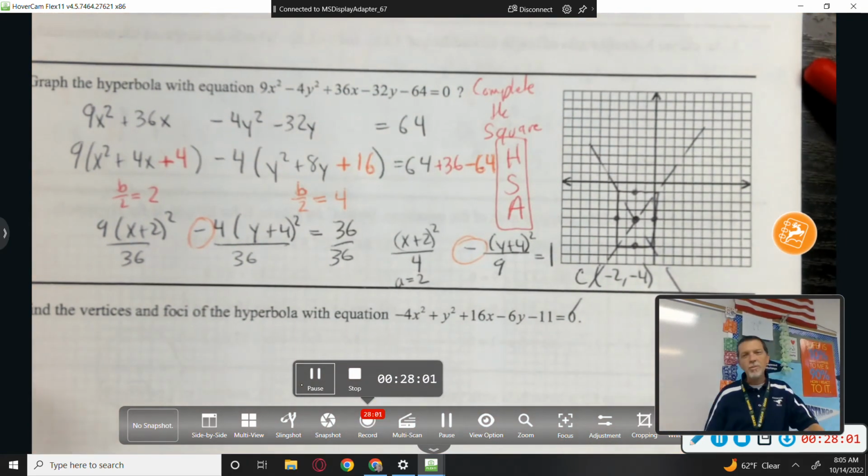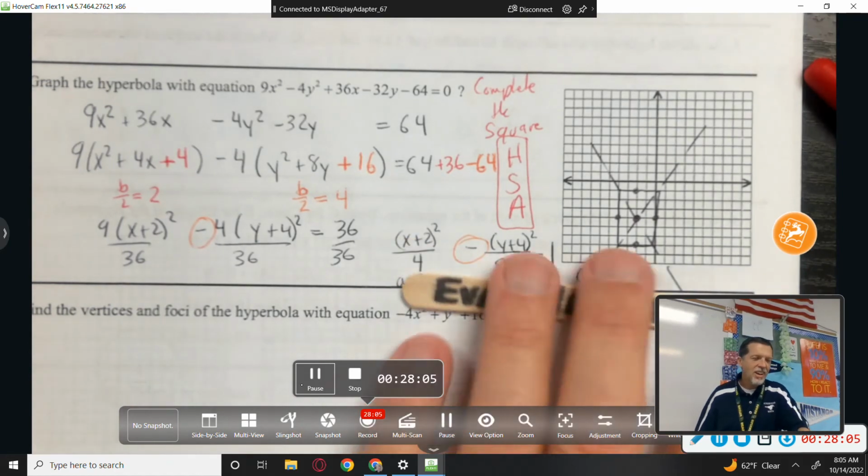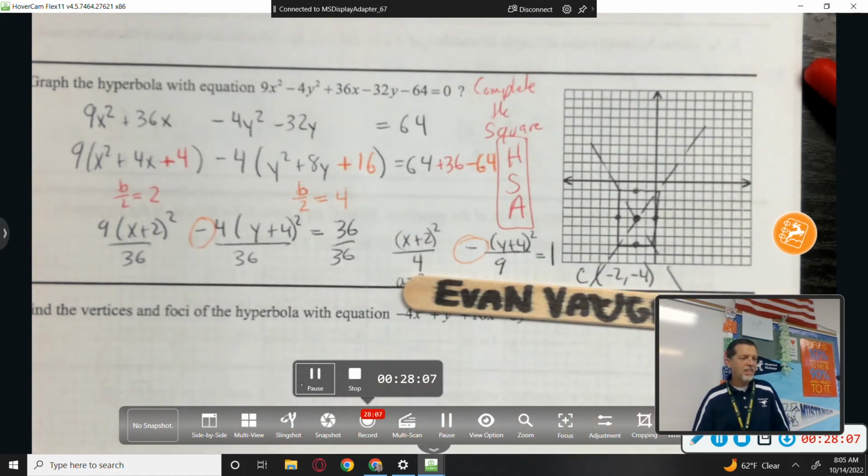One more check before we sketch it in. Evan, is this left and right or up and down? Left and right.